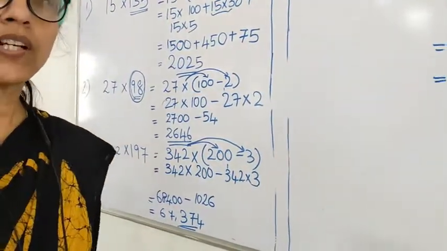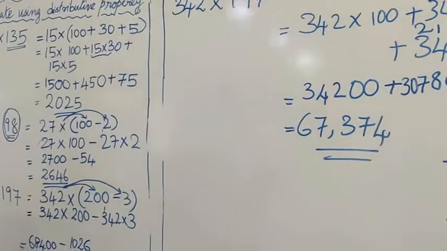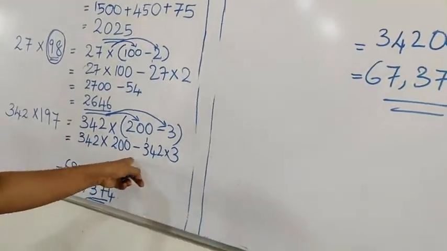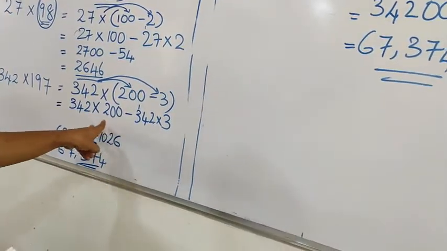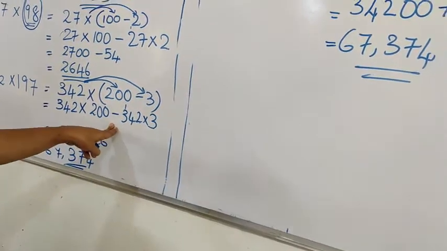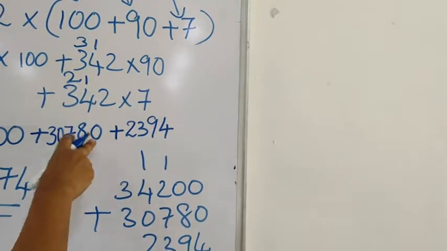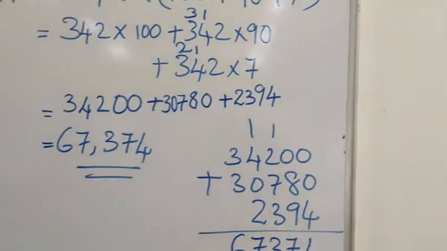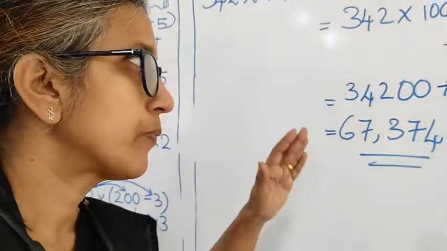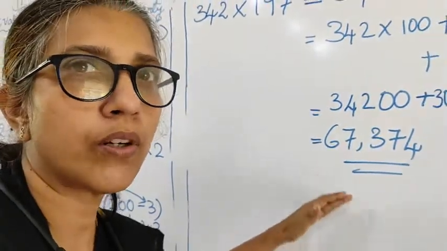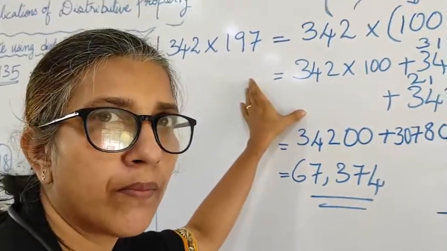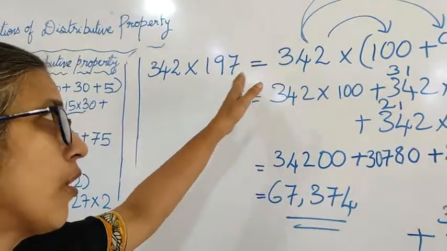But what is the problem? Instead of doing multiplication and subtraction, 2 times multiplication and 1 subtraction, here I have to do 3 times multiplication then addition. That means you have to use more time for doing this problem if you go for expansion.